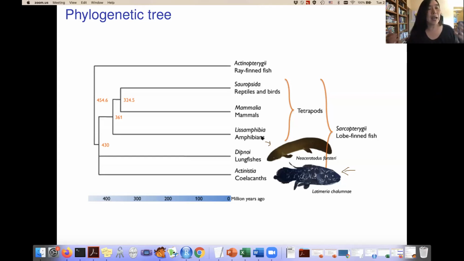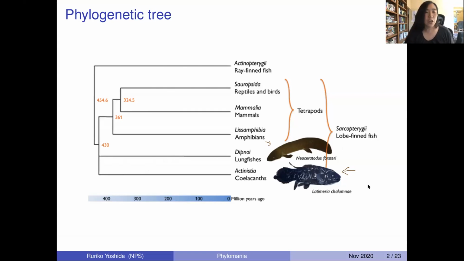That's the really big question they try to answer. But you notice the phylogenetic tree they reconstructed is not well resolved. So they couldn't really figure out which one, lungfish or coelacanths, is closer to tetrapods.